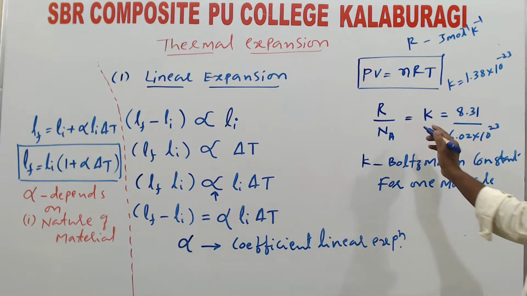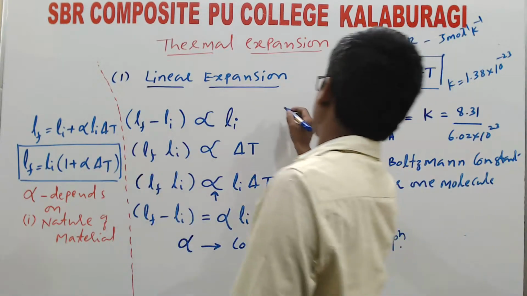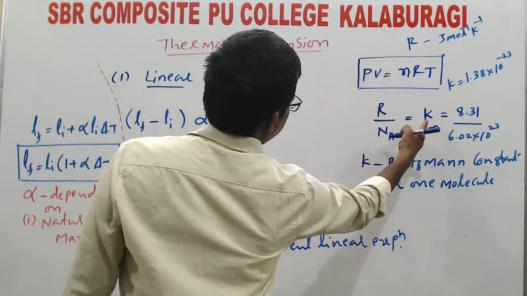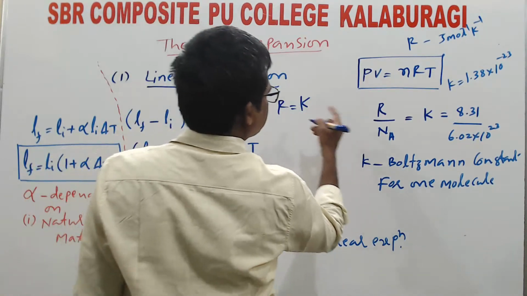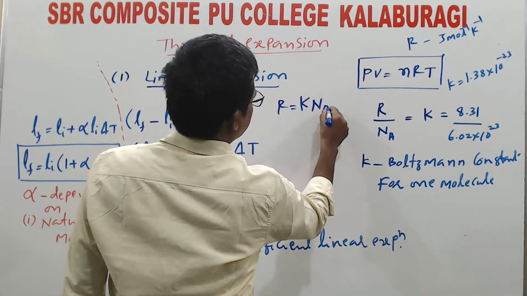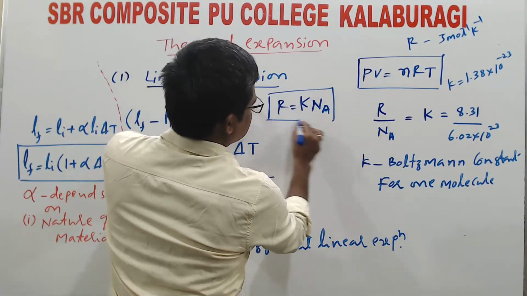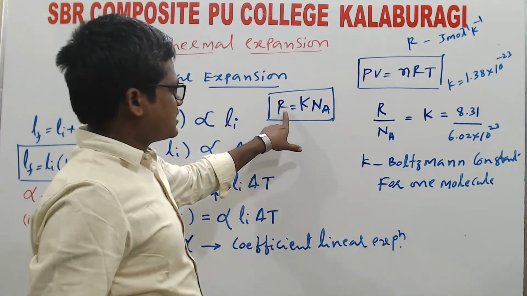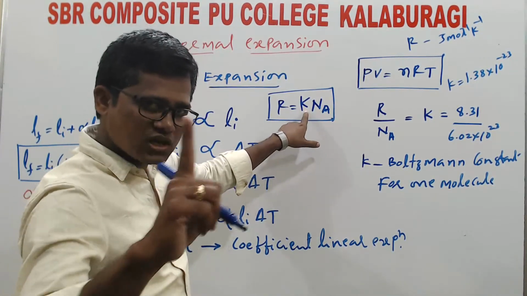If you know the K value, R divided by Na is K. Then R is Na times K. K is the Boltzmann constant for one molecule, this is Avogadro's number of molecules, this is the gas constant for one mole, and this is the gas constant for one molecule.